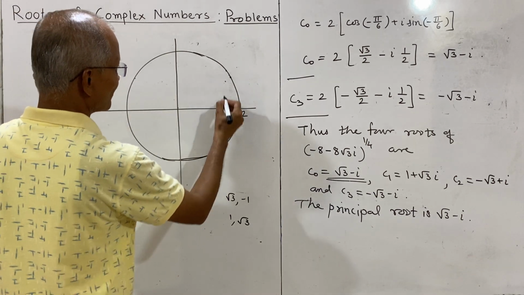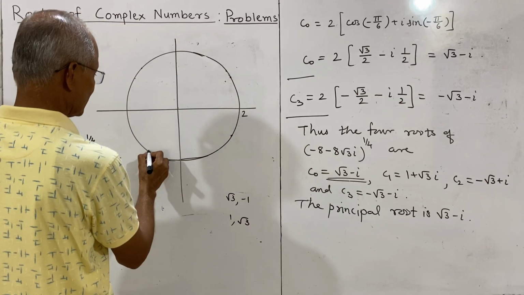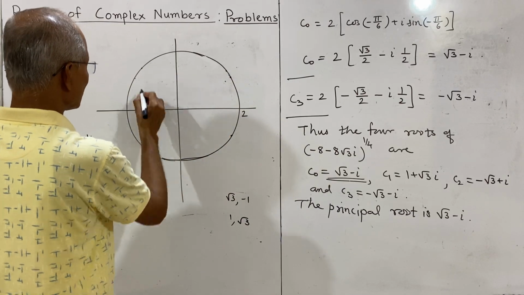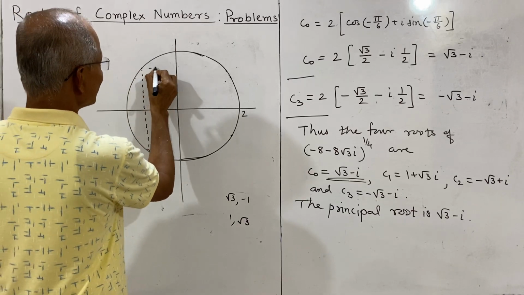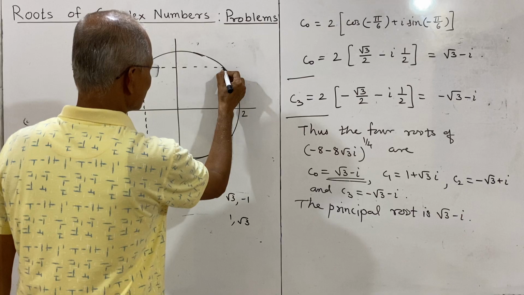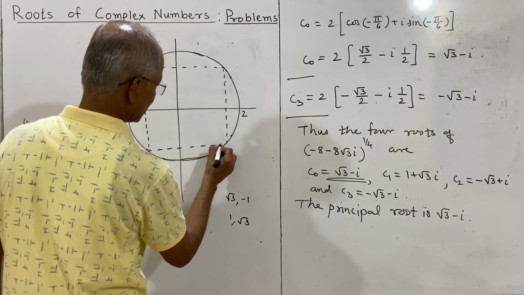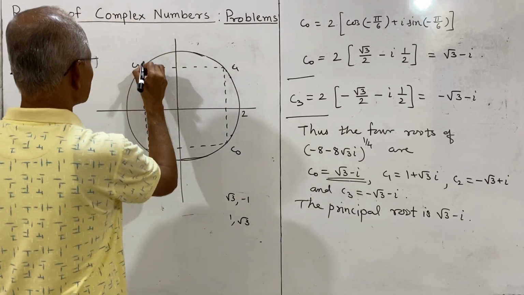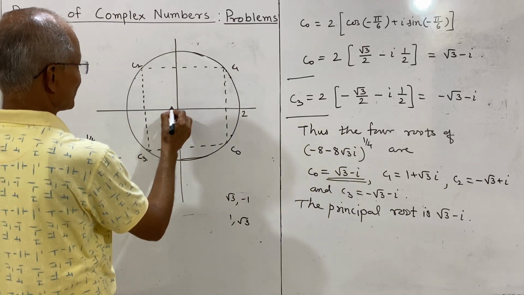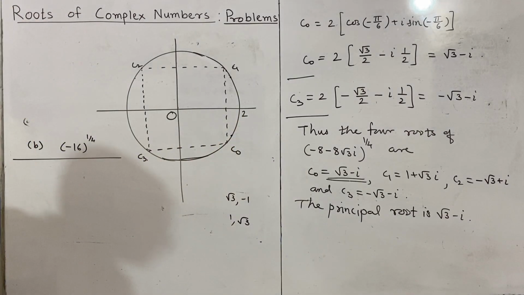These are the vertices of the square inscribed in this circle. This is C0, C1, C2 and C3, and the radius of the circle is 2.